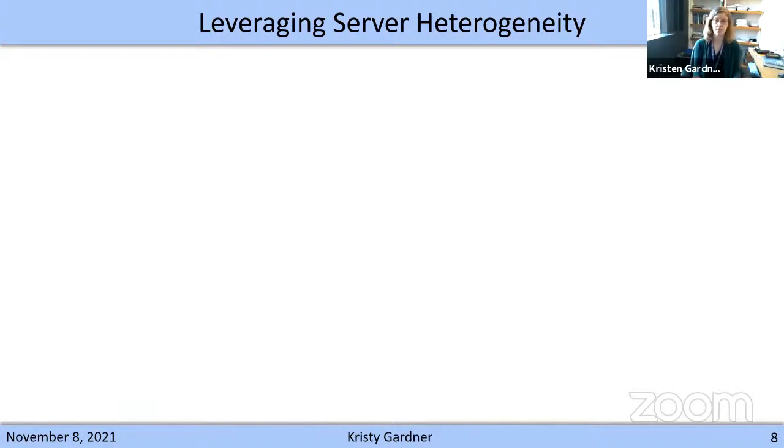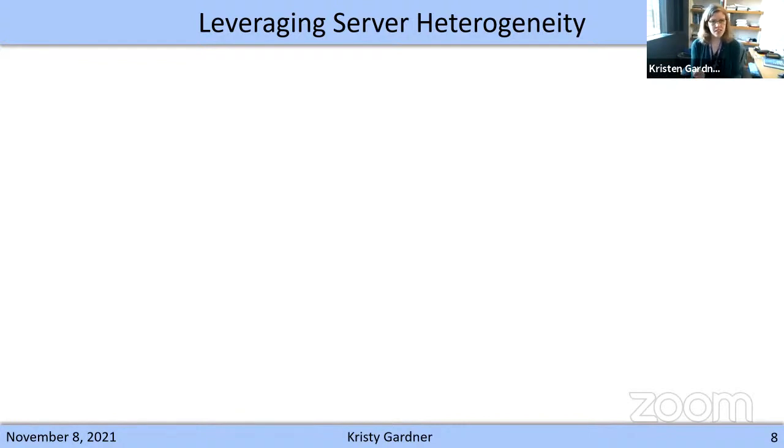Another policy, for example, is balanced routing. Balanced routing is a power of D type of policy, but instead of querying servers uniformly at random, under balanced routing, we query servers in proportion to their speeds, so that a fast server is more likely to be included in the D queried servers than a slow server.